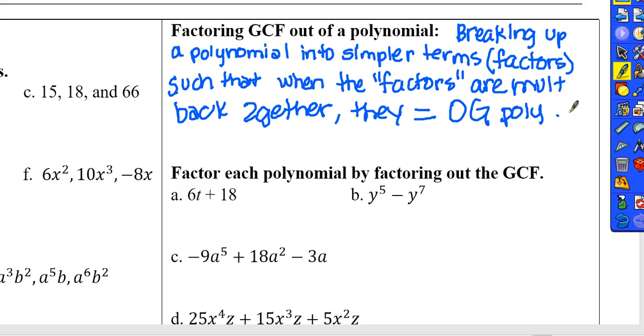We do this because when we add an equal sign to, say, A, say it said 6t plus 18 equals 5 or something, we could solve it by factoring. Here, we would have to solve it by factoring because it's a higher order.